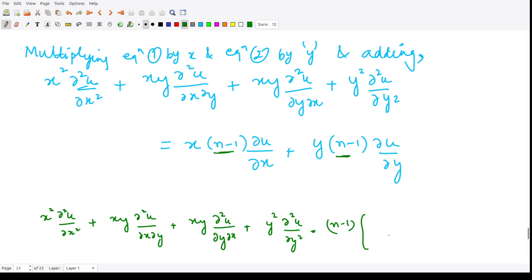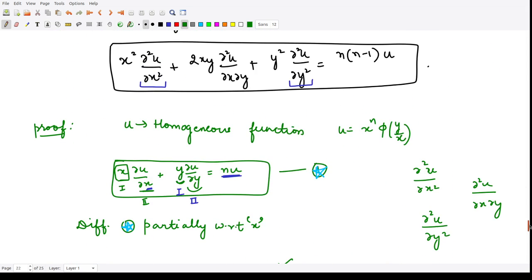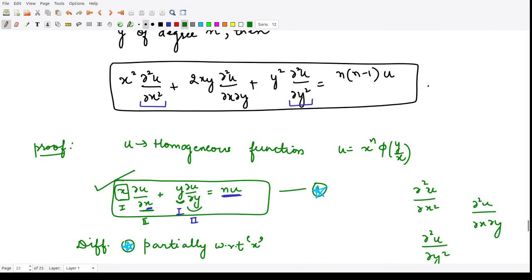So it would be left with x into del u by del x plus y into del u by del y. Now what is this quantity? From the previous result, this quantity, x into del u by del x plus y into del u by del y, is equal to n u.